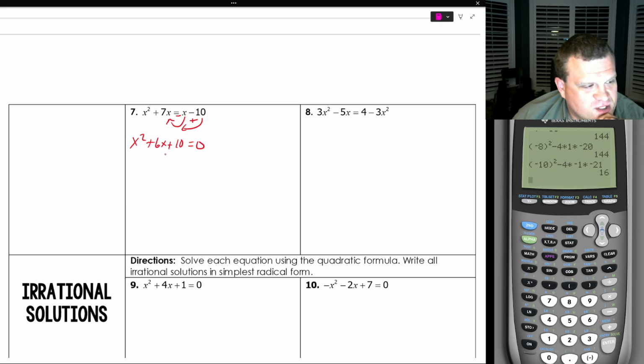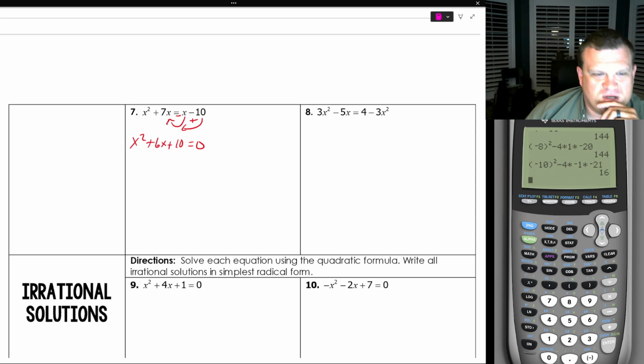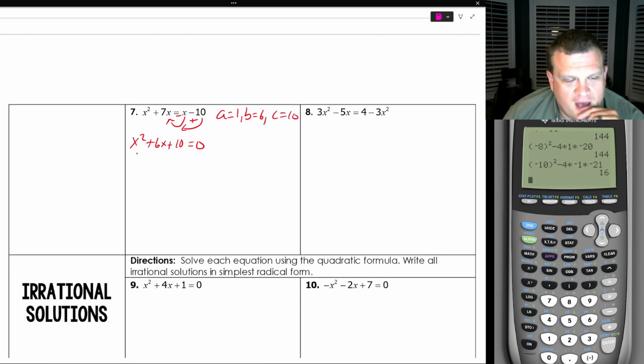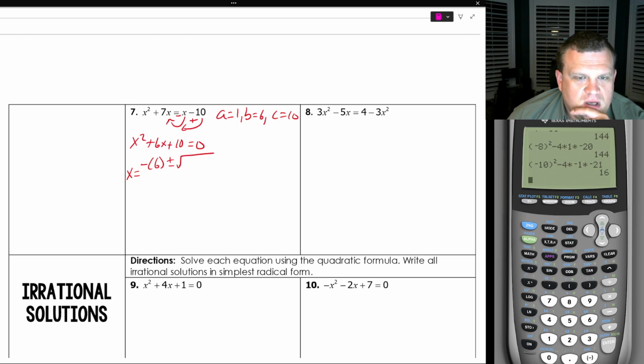Actually, come to think of it, I am going to finish this one. I take it back. I just looked at how this works out, and I realized it's important and we need to do it. So A is 1, B is 6, C is 10. Quadratic formula: x equals opposite B, so negative 6, plus or minus the square root of 6 squared, minus 4 times A times C, which is 10, all over 2 times A, which is 1.